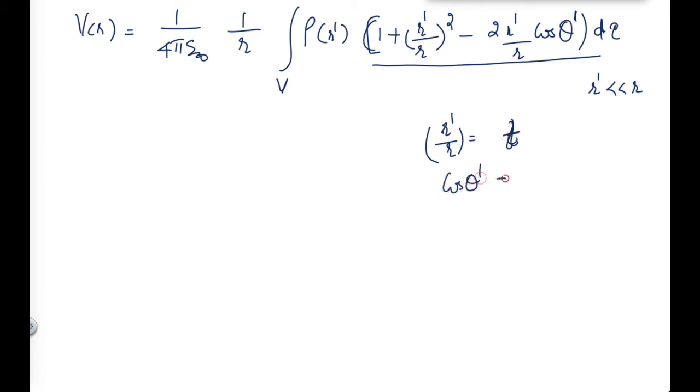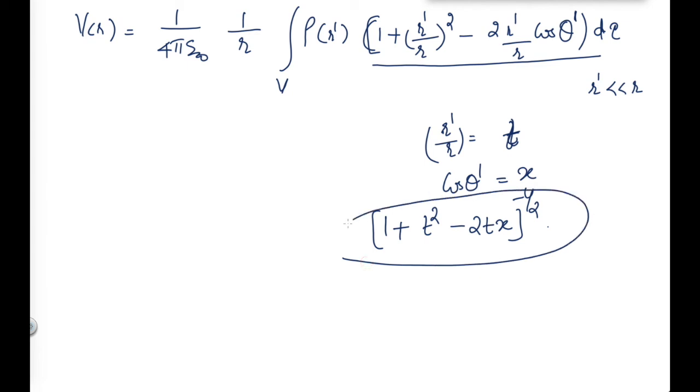And I put cos theta dash equal to x. So this function becomes 1 plus t square minus 2tx whole raised to minus half, and this is very much familiar to us. We know that this is g of x, t, the generating function for Pn of x, the Legendre polynomials.